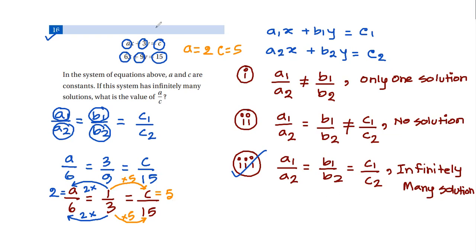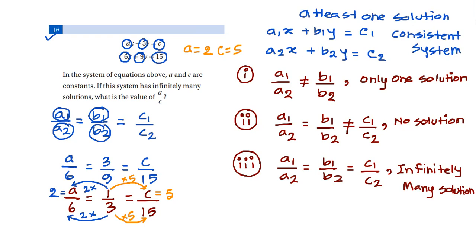And sometimes they will ask you about consistency and inconsistency. If a system has at least one solution, then it's called a consistent system.